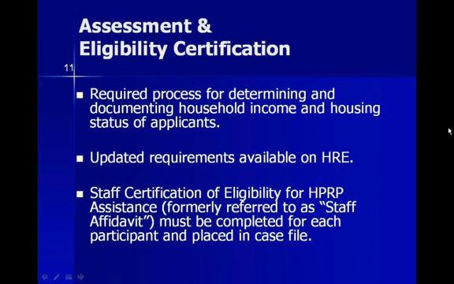The listserv message did indicate we wanted to allow grantees some time to roll the new form out, so you can continue using the staff affidavit or start using the new certification, but we're asking that grantees have the staff certification form in place by May 1st. So that gives you a little bit of time to roll the form out. Grantees that are listening, it gives you time to get the information out to your subgrantees, make sure that they know they need to switch the forms.